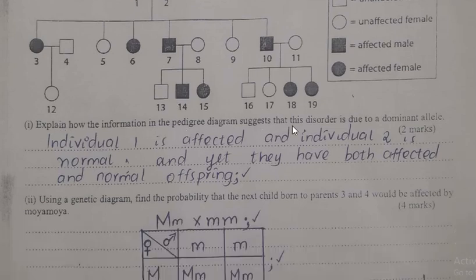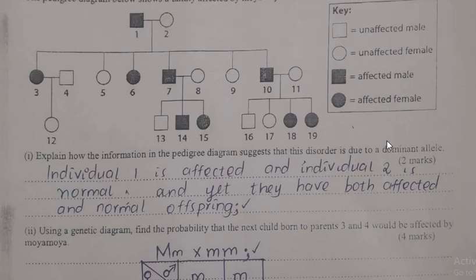Roman 1, explain how the information in the pedigree diagram suggests that this disorder is due to a dominant allele. This is because individual 1 is affected and individual 2 is normal, and yet they have both affected and normal offspring.